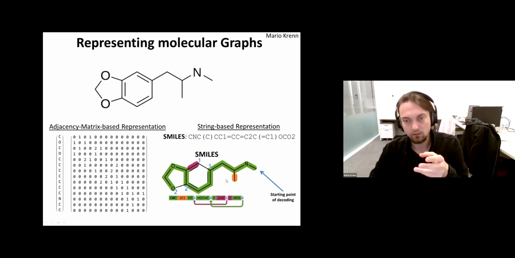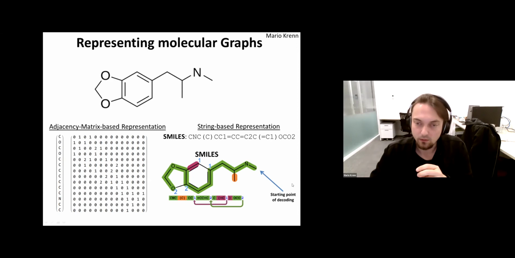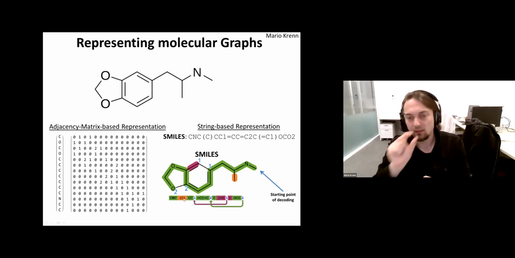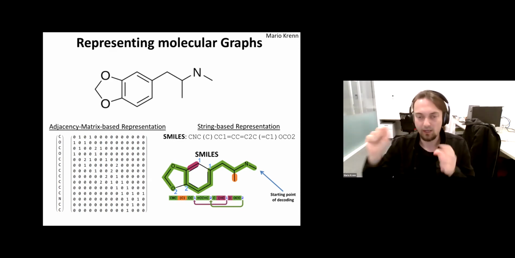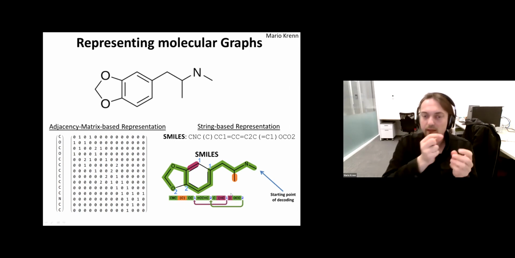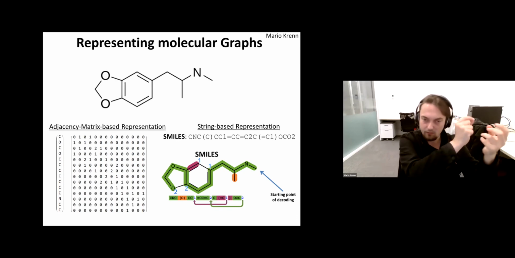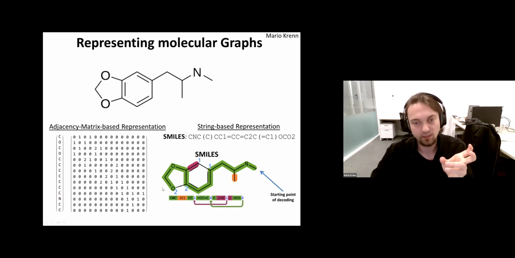and in SMILES, you represent branches as brackets. So at the third atom here, you make a branch. It means you write the bracket, and everything that is in the branch, you write into the bracket. Here you have one carbon atom, so you only write one carbon. The second thing you need to take care of is that you can have connections from a later atom in your chain to a previous atom. So basically you can form rings. Let's look at this ring here.